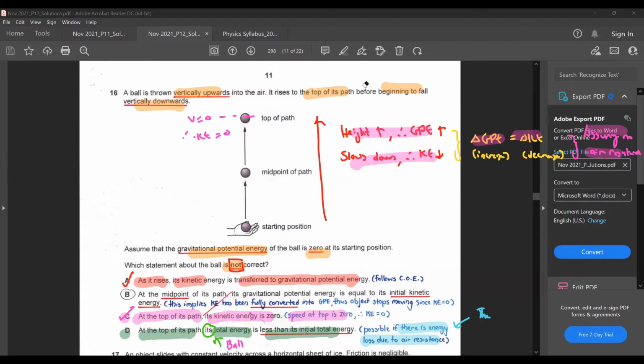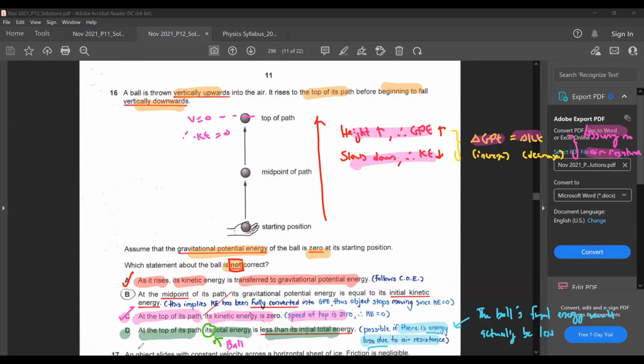The ball's final energy would actually be less, because energy is lost due to air resistance.